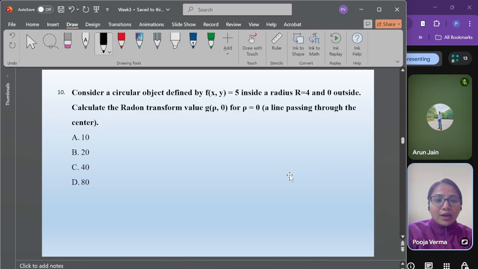So we need to calculate the Radon transform value g(rho, theta). A function is given, an object defined by 5, and the radius r is given. We need to calculate for rho equal to 0. Inside radius is 4 and outside radius is 0.